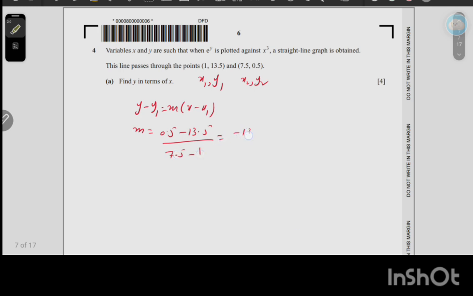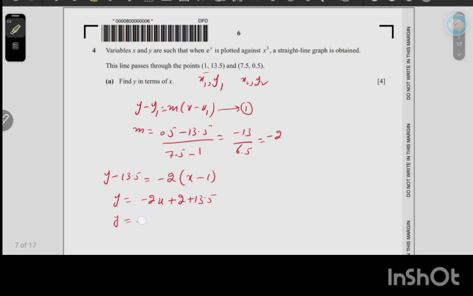So here is -13 divided by 6.5, and we get -2. Now we apply the gradient and this point in the equation. So y - 13.5, since y1 is 13.5, equals m, the gradient, which is -2, times (x - x1), where x1 is 1.